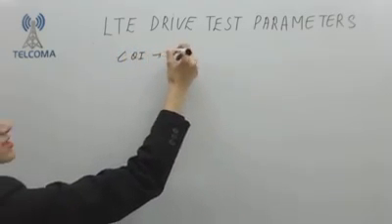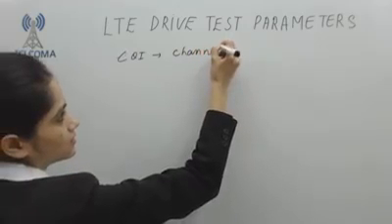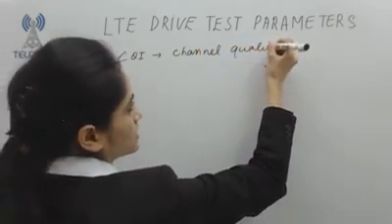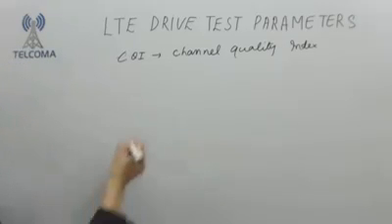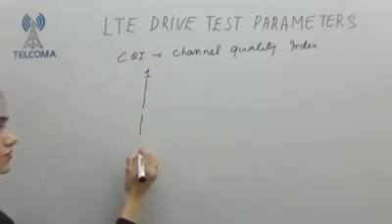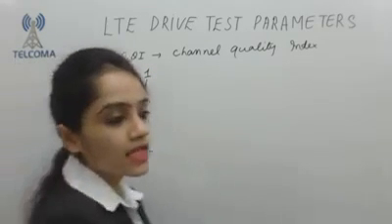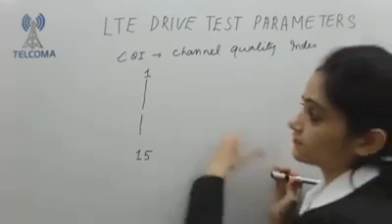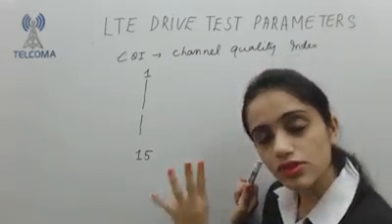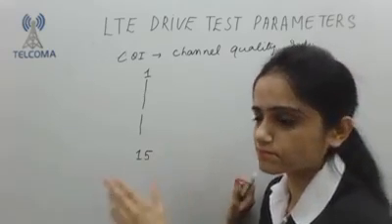CQI is channel quality index. For channel quality index I have values from 1 to 15, that means 15 different values: 1, 2, 3, and so on up to 15.